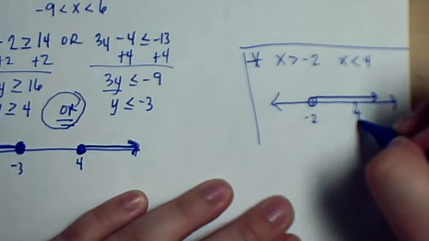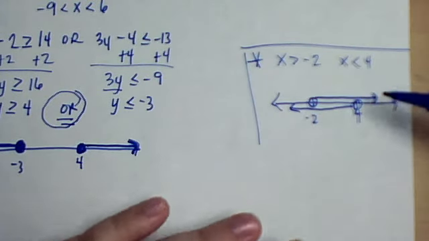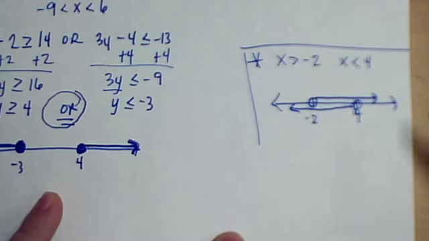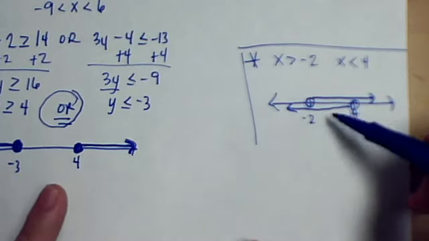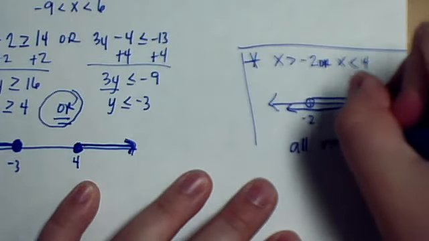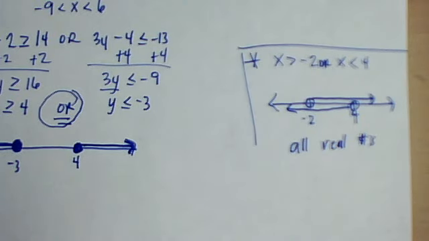Then I go to 4, open circle to the left. If you look here, my lines overlap. So basically it includes everything from negative infinity to positive infinity. So if it overlaps and it's or, then this is all real numbers. That's your solution. So when you graph it and you see that, make sure you acknowledge it and write that down.